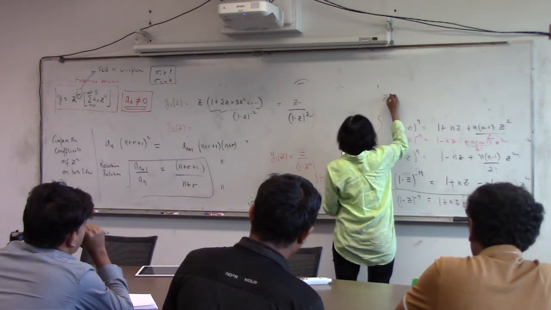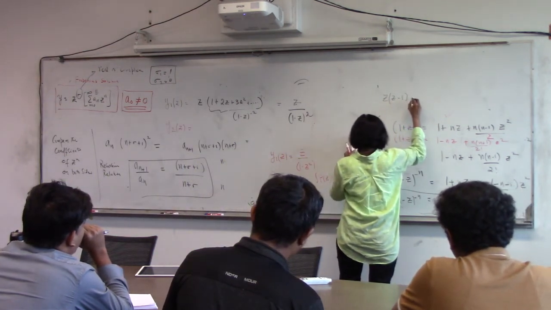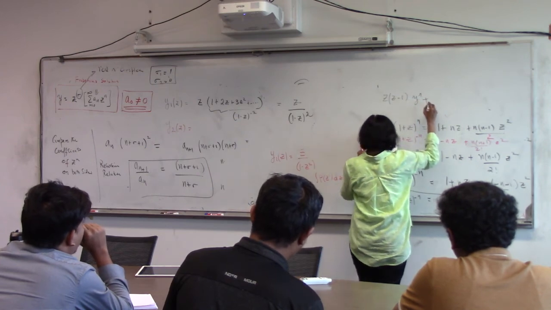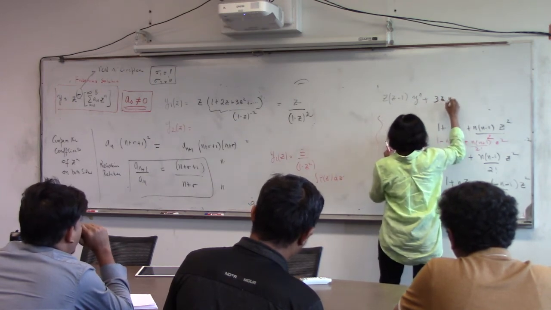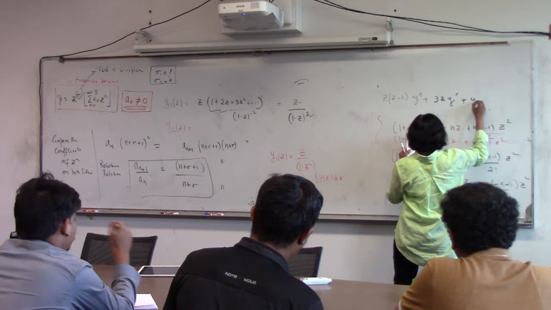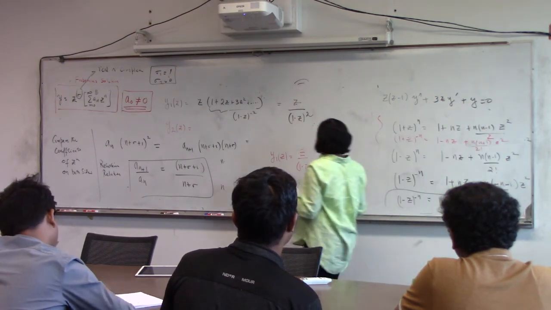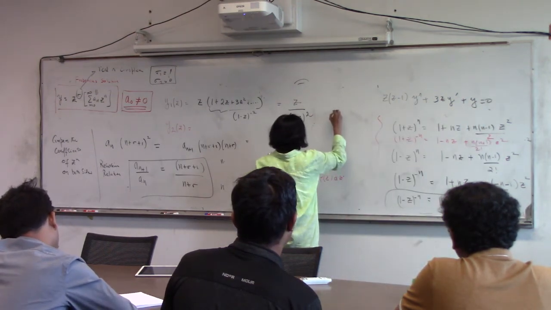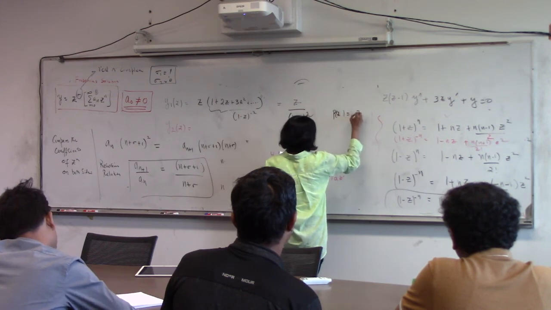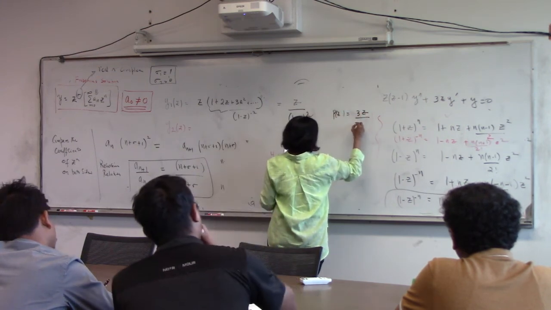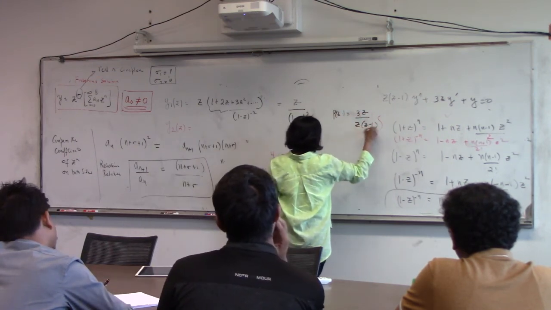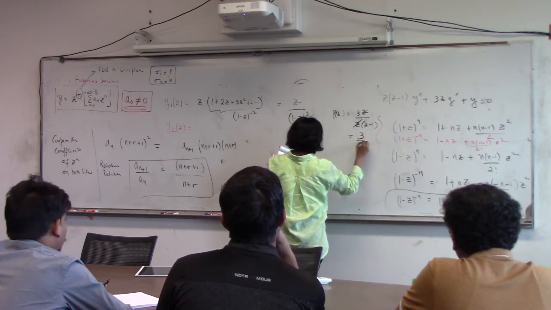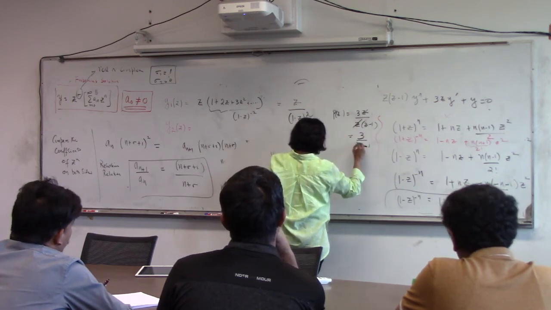This is the differential equation we're trying to solve. Right. So P of z is 3z over z times z minus 1, and this cancels, so it is 3 over z minus 1, right?